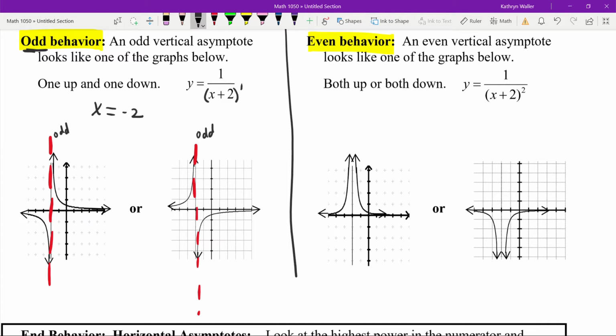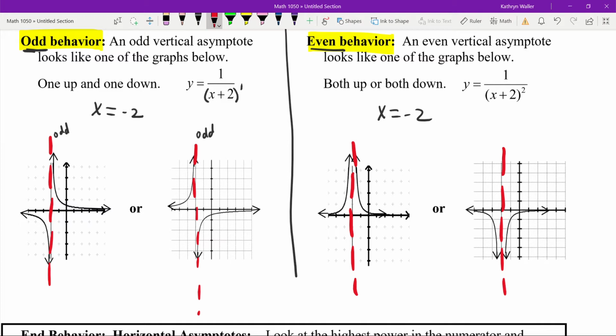Even. Set x plus 2 equal to 0, you get x equals negative 2. How many x plus 2's do I have on the bottom? 2. 2 is even, so this is an even asymptote. Take your pencil, dash in a line at x equals negative 2 on both of those graphs. Now watch me demonstrate this. Here's the asymptote.